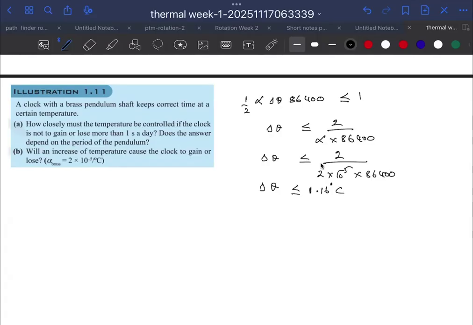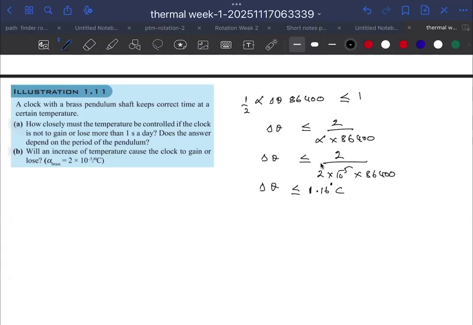The actual change in time period into 86,400 corresponds to per day. A day has 86,400 seconds. So the difference in time, suppose at 10 degrees centigrade it shows correct time. To maintain the same correct time, if temperature falls, 1.16.